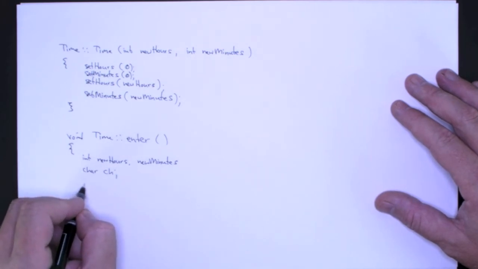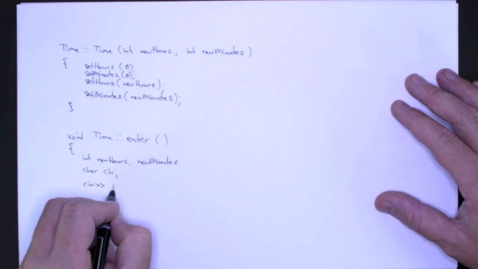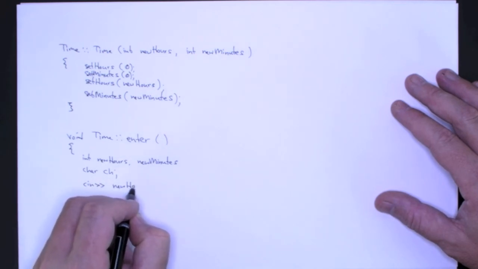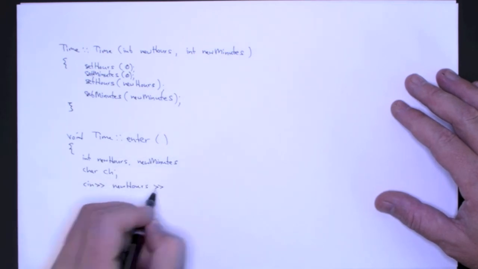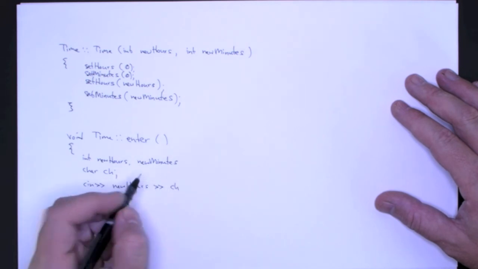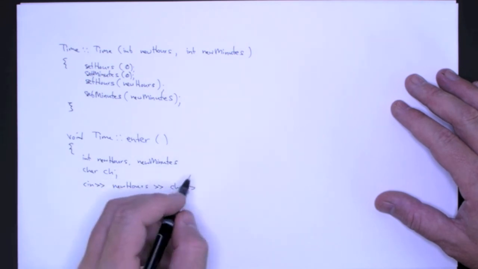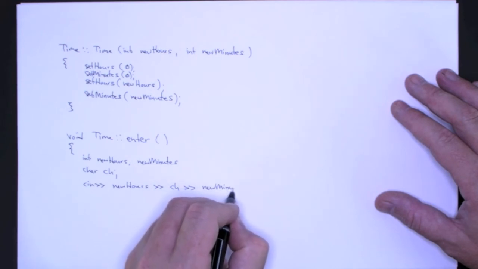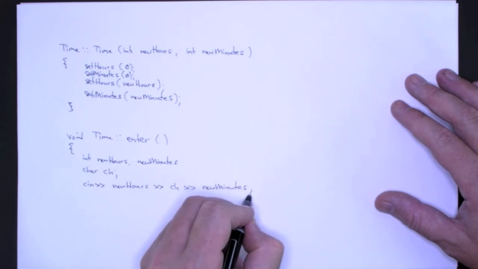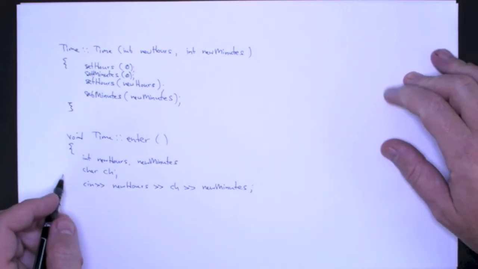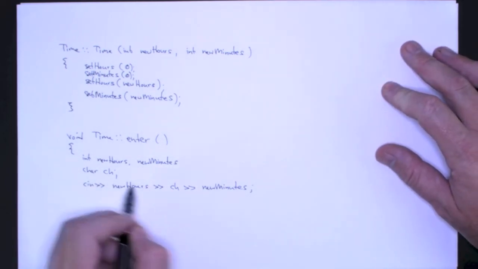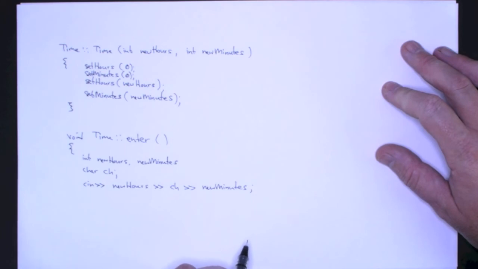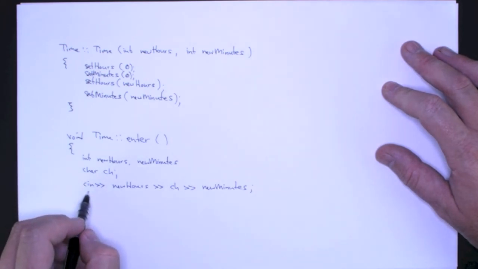Now I can read into new hours, I can read in my character, and I can read in my new minutes. So these are all stored locally. Now what happens if ch is not a colon? Good question. One of the things you could do is set the fail bit on cin.